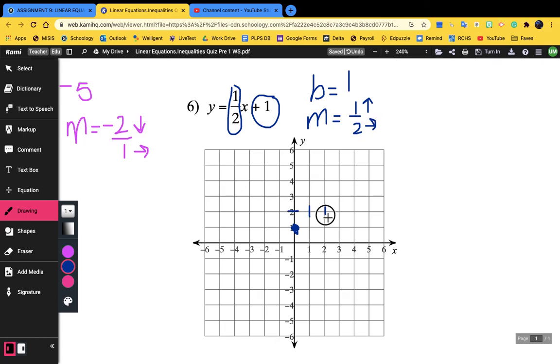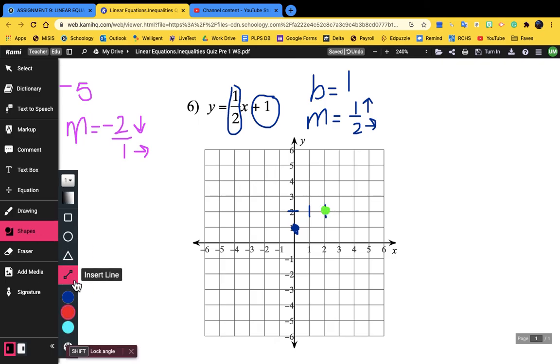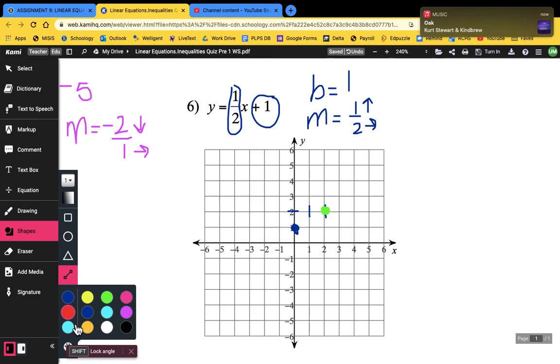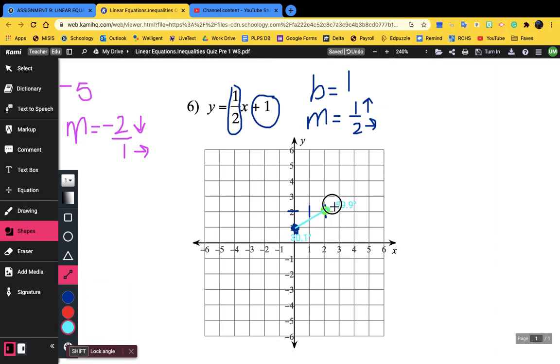1, 2. So I'm going to go over here and pick green. And there you go, that's my second point. And I'm going to go to shape, insert line. I'm going to do a blue line this time. I'm going to go from my dark blue all the way through my green there. Look, I can even go a little bit past the graph.